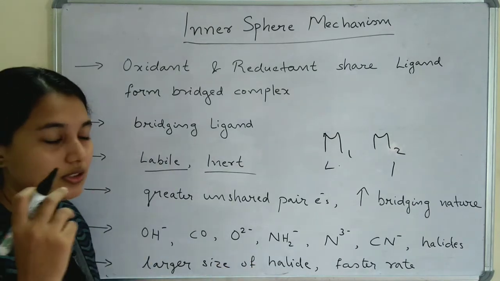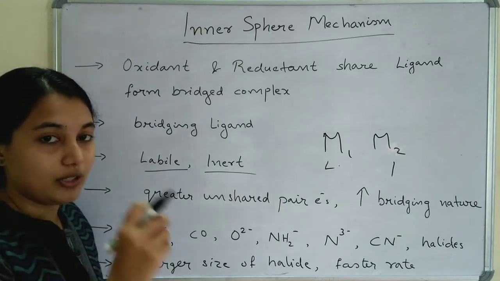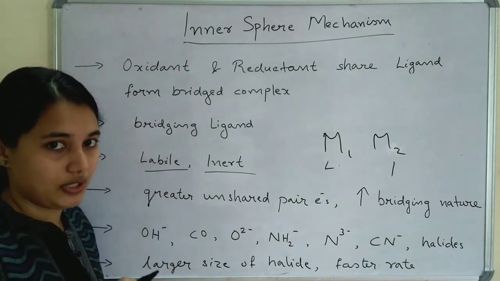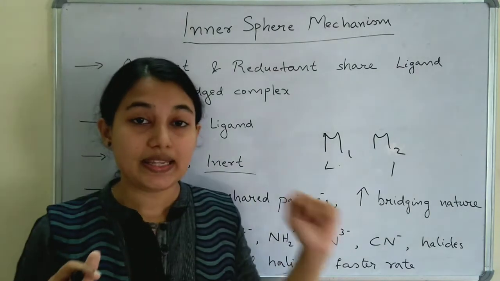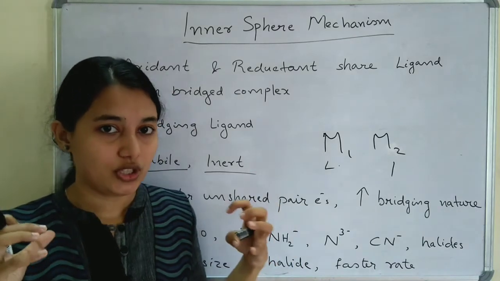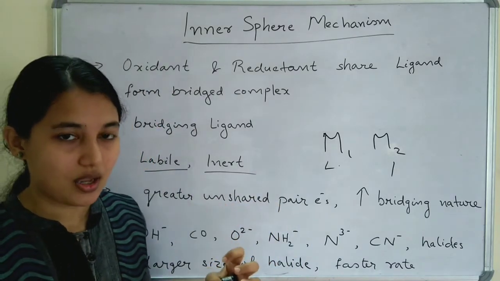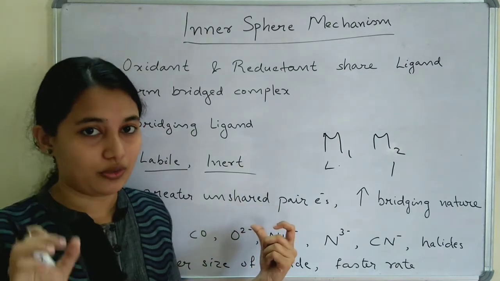I have said how to identify inert and labile complexes by looking at the t2g configuration. The greater the number of unshared pairs of electrons, the greater the bridging nature. So we can write the order of the bridging nature of the bridging ligands by looking at the unshared pairs of electrons.